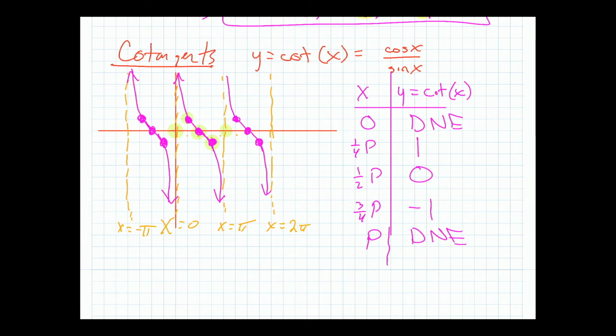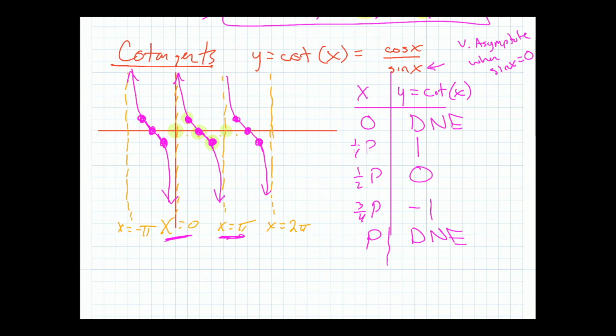That's because there's a vertical asymptote when sine x equals 0, because you're dividing by 0 then. So that's the basic picture there. It's exactly the same idea as the tangent. It's just a little bit different because the asymptotes are in slightly different places, right? 0 and pi for the basic one. Oh, actually, hold on.